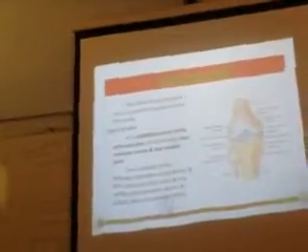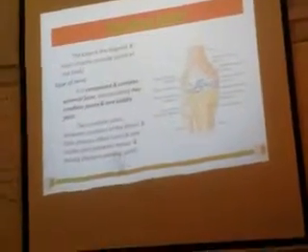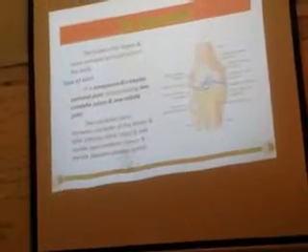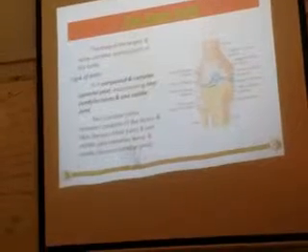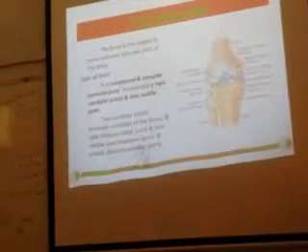This is called the femorotibial joint. The second joint is the saddle joint between the femur and the patella in the front. This is called the femoropatellar joint. So there are two joints within the knee joint. One is between the tibia and the femur, and the second is between the femur and the patella. That's why it is a complex joint.